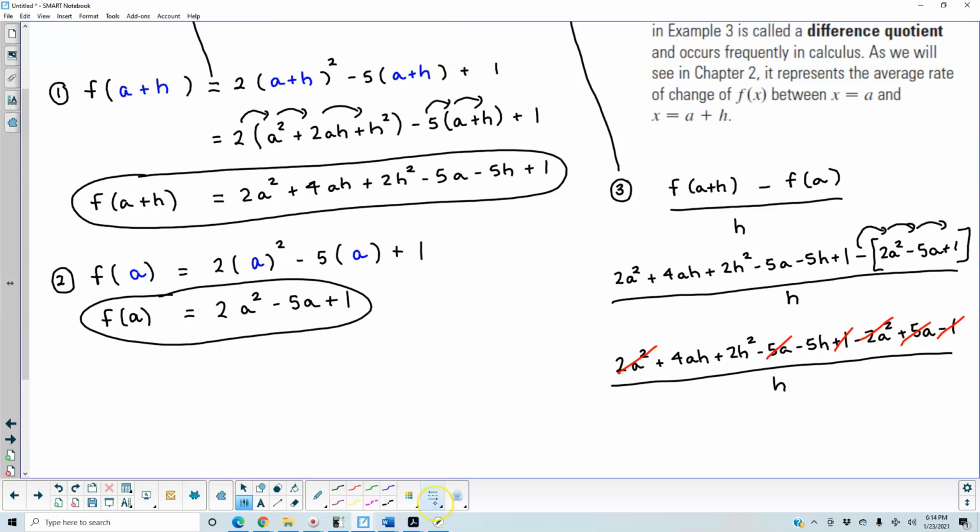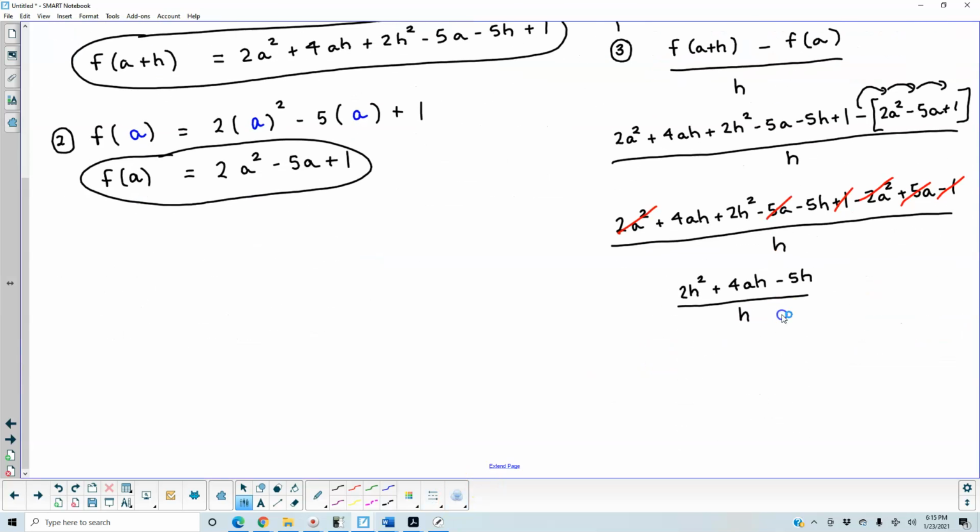So what is remaining? What's remaining is, and we'll write this in descending order, 2h squared plus 4ah minus 5h divided by h. Now we're not done yet because in the numerator we have a common term in all three terms, so we can factor out a common factor, which is h.